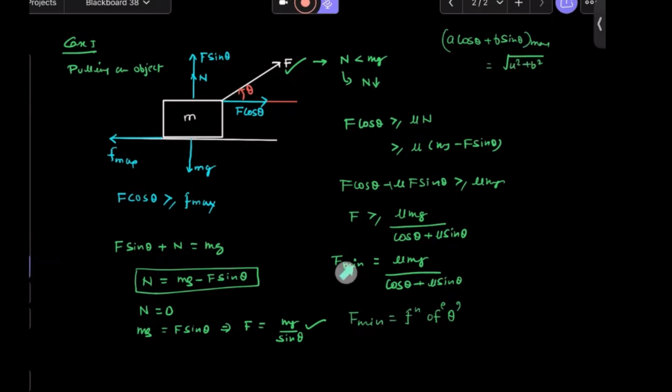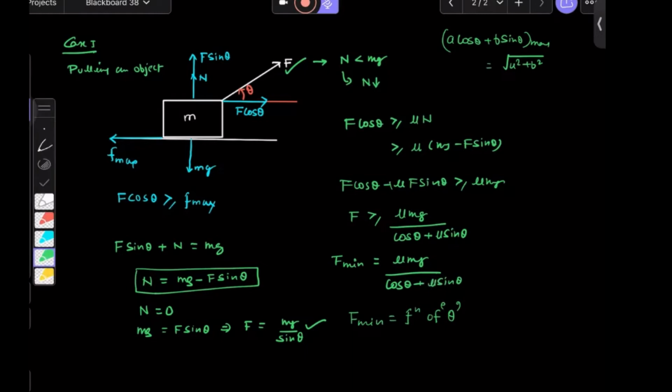And you see, this F minimum is a function whose numerator is constant, and the denominator contains the term containing theta. So for this entire expression to be minimum, the denominator must become maximum for some angle theta.